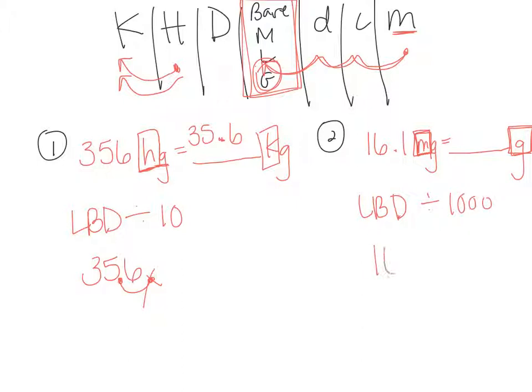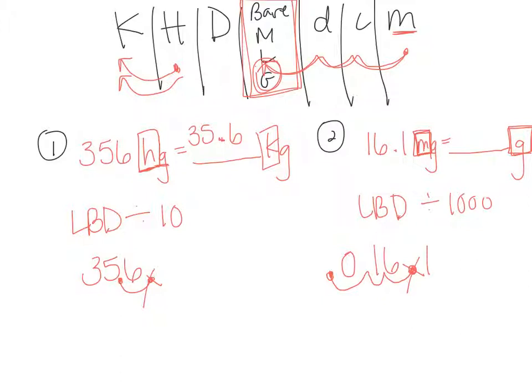So I'm going to write 16 and 1/10, and I don't need to add a decimal because they've already given me a decimal to start with. I'm going to move to the left 3 places, so 1, 2, 3. Mark out my old decimal. I need to put a 0 in this place.